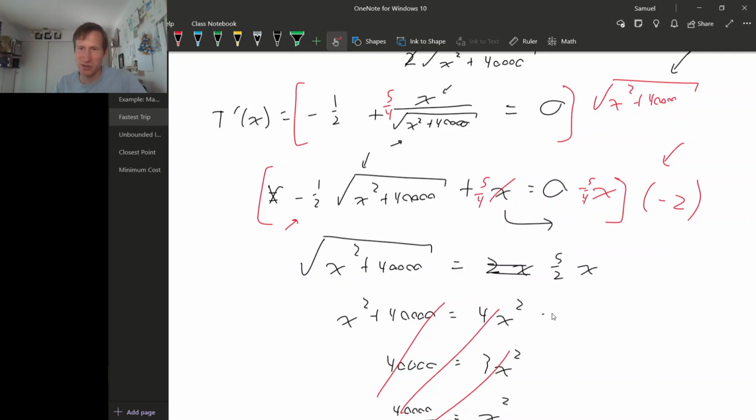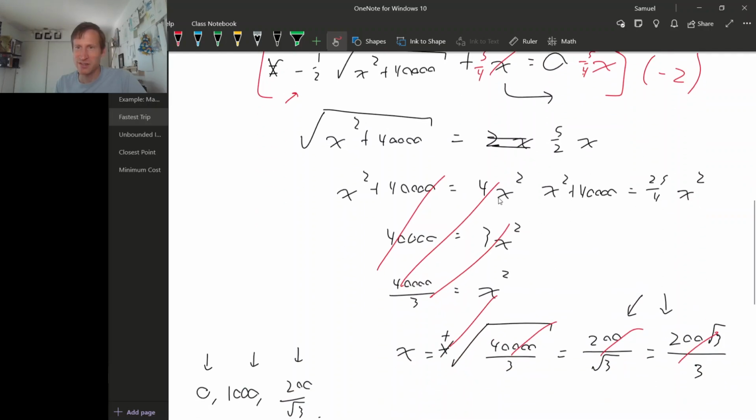Okay, and then square both sides. x squared plus 40,000 equals 25/4 times x squared. And then subtract x squared from both sides. 40,000 equals, let's see, that's going to be 21 over 4 x squared.